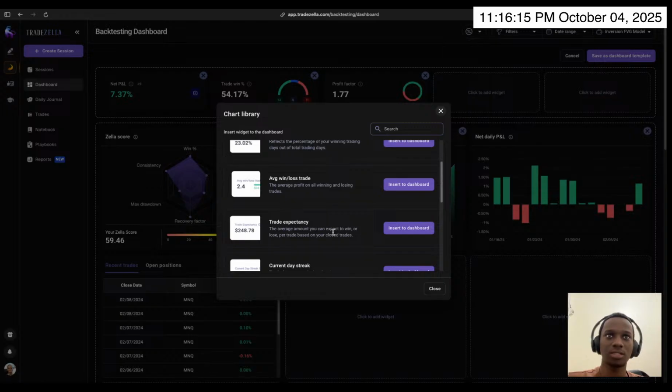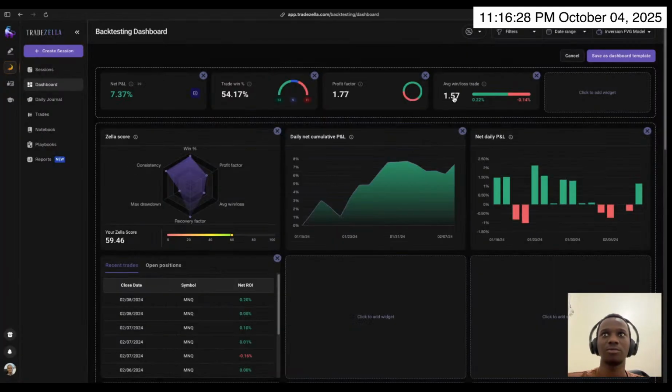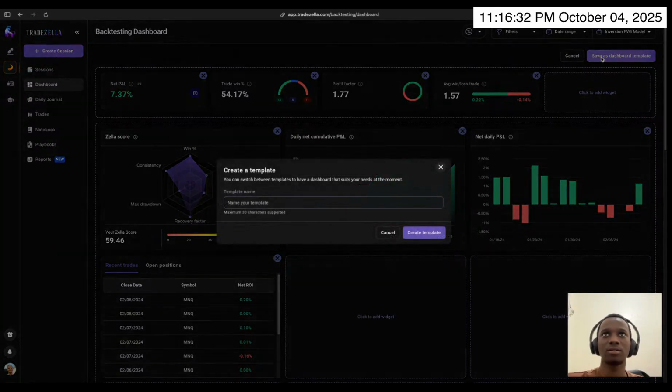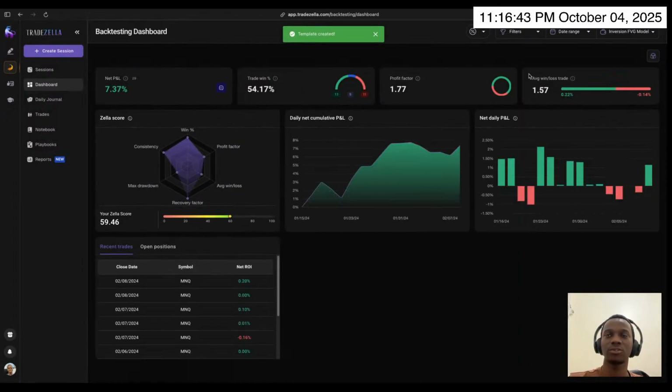Trade expectancy, average win-loss. I think the average win-loss is the risk to reward. Yeah, it has 1.57. Average win-loss trade 1.57.